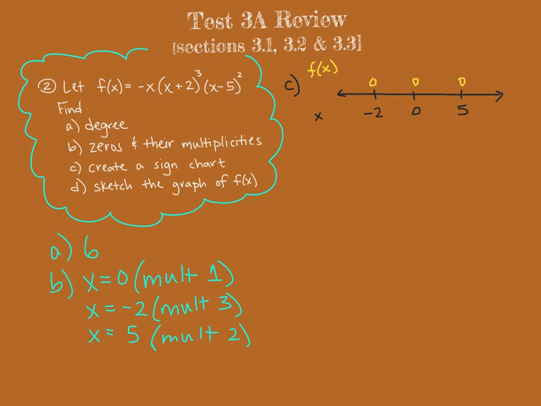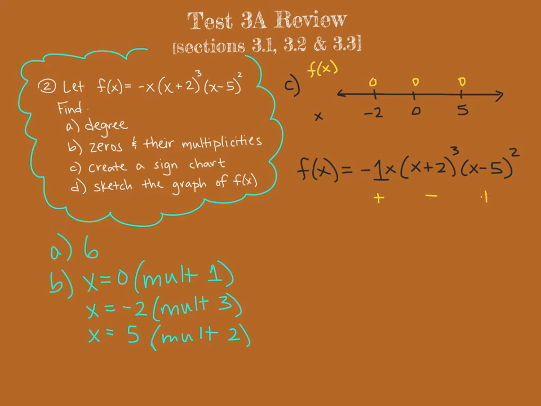When we plug in negative 10 here, let me rewrite the function real quick. If we were to plug in negative 10, this first factor here would be negative 1 times negative 10. That would give us a positive output. Then this factor right here, if we plugged in negative 10, we'd have a negative number in here, and then it'd be cubed. So that would be a negative output.